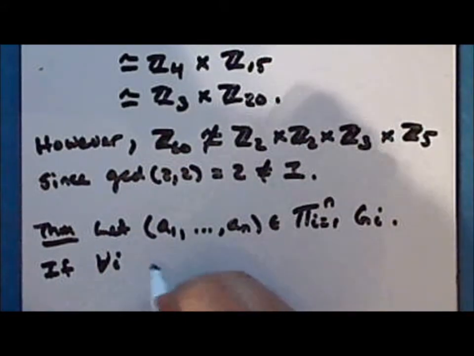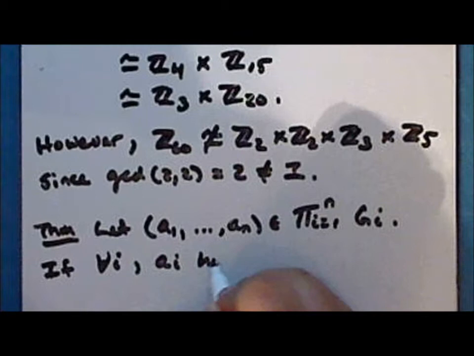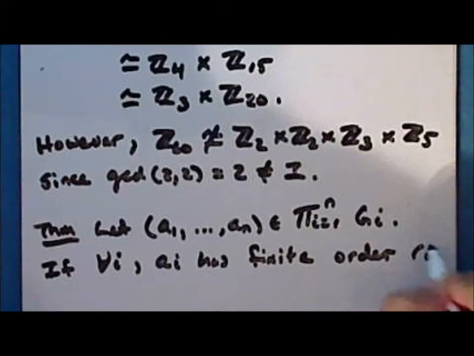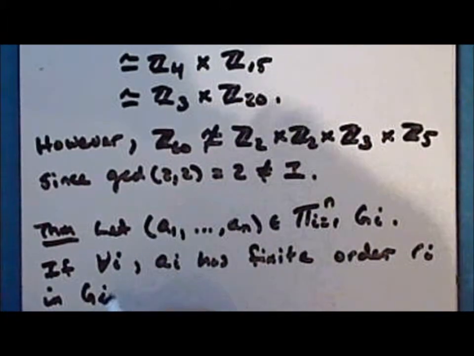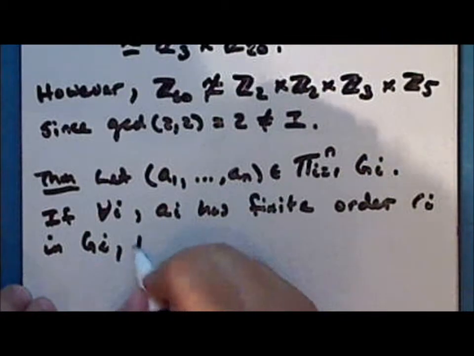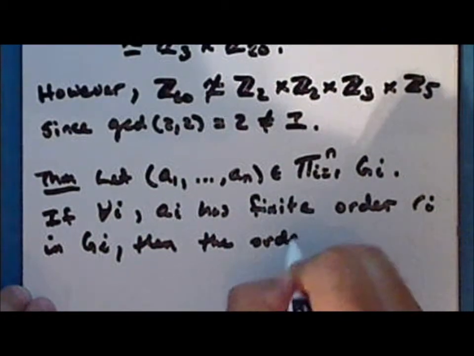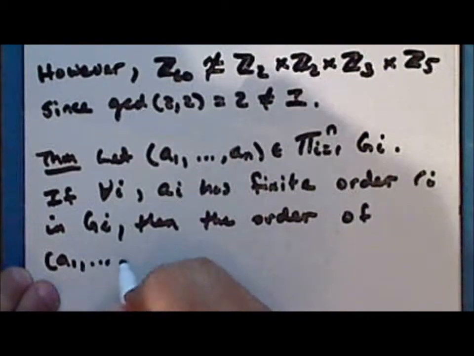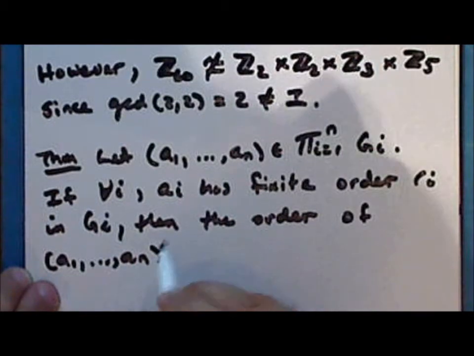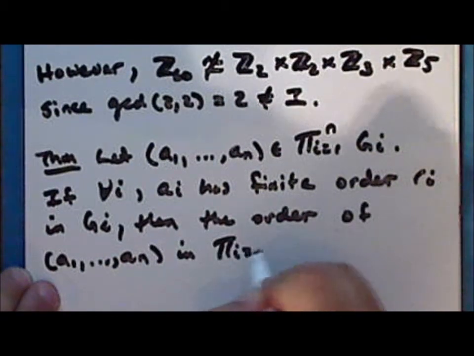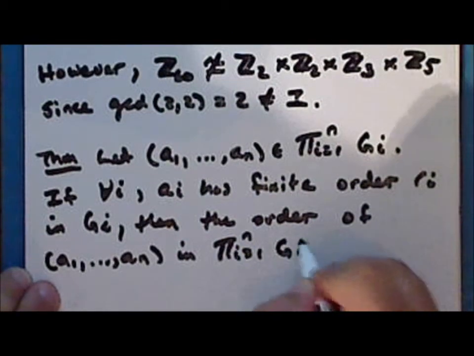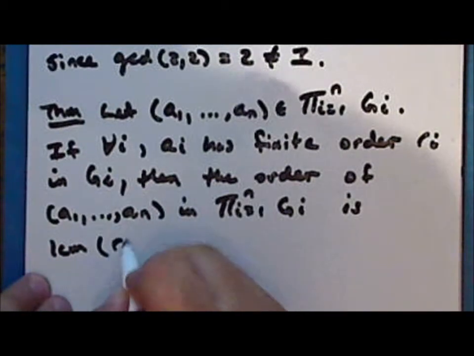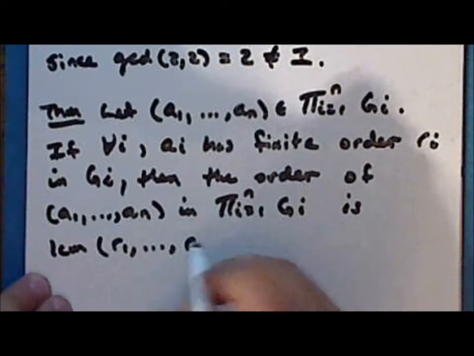If for every index i we have that a sub i has finite order r sub i in the group G sub i, then the order of the n-tuple in the direct product is the least common multiple of the orders of each of the elements.